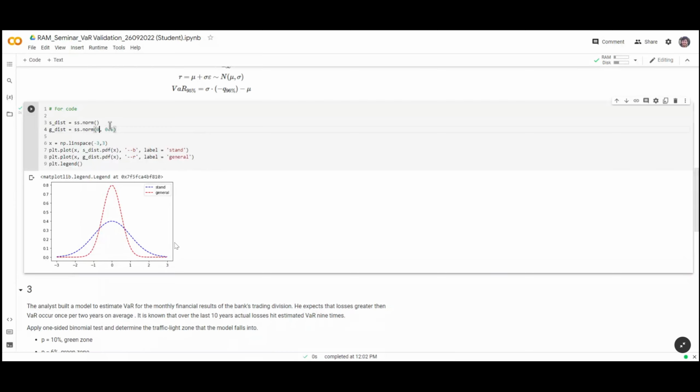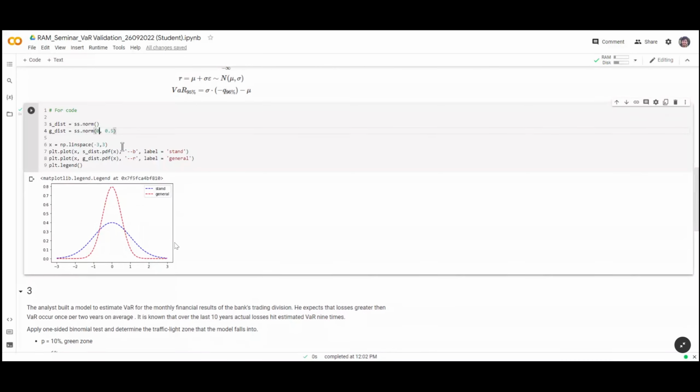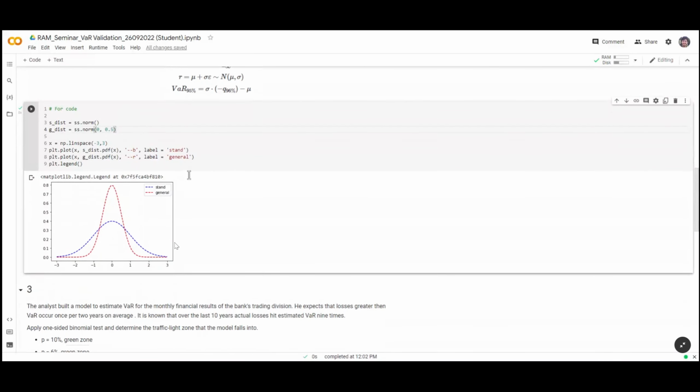When I apply another scale, which is less than 1, I see the compressed distribution, and now I definitely understand that my value at risk goes somewhere here to the right, to the center, right? So actually, it makes my value at risk less in magnitude, because it's just rescaled.